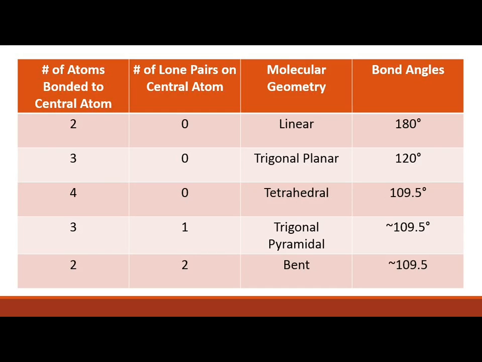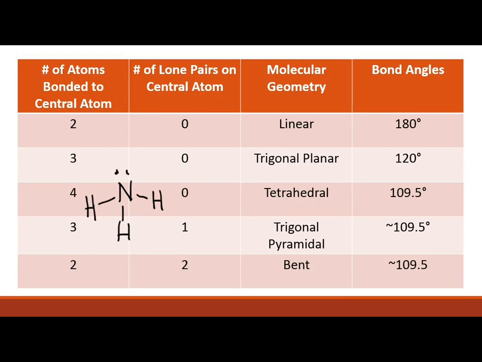So what does all of this mean? Well, this means that if I were to give you a molecule, something like NH3, and you were to draw this, so I'm just going to quickly draw this out. You would draw the molecule, and then your job would be to figure out what's the molecular geometry.